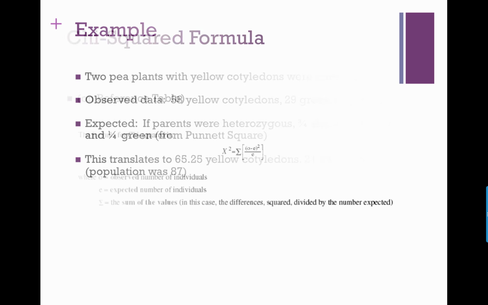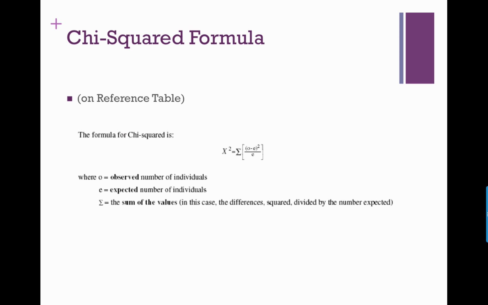Now, you have a reference table, and it's got the formula for chi-squared, and it's got what the values mean: O is the observed individuals, E is the expected number of individuals, and sigma is the sum of the values, in this case the difference, squared, divided by the number expected.